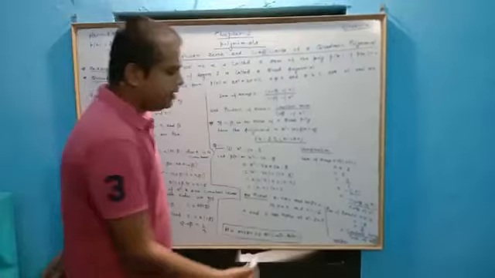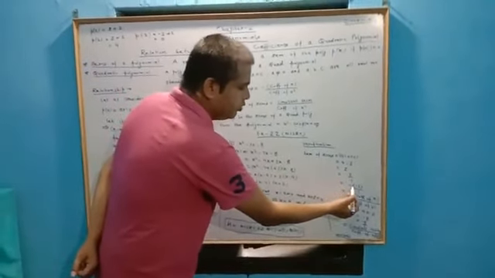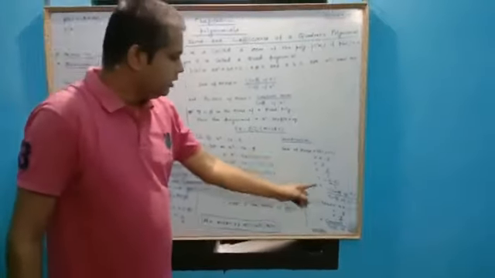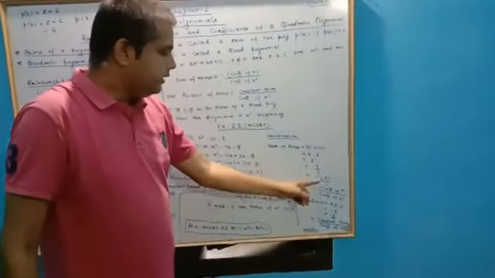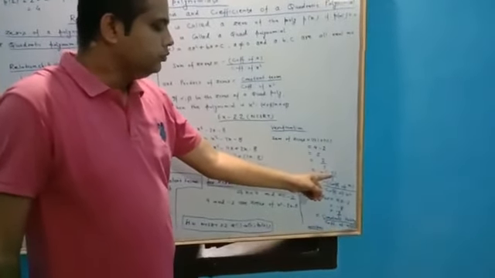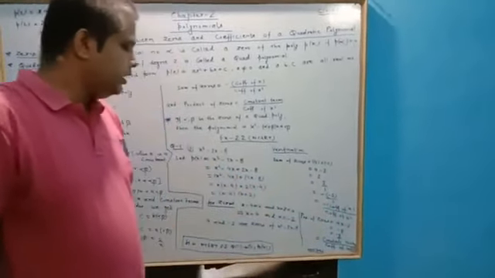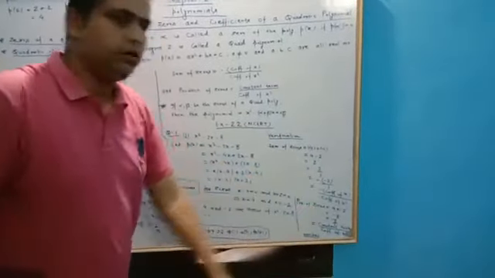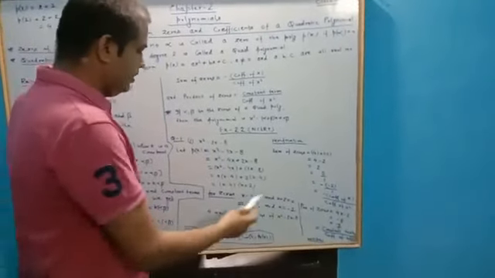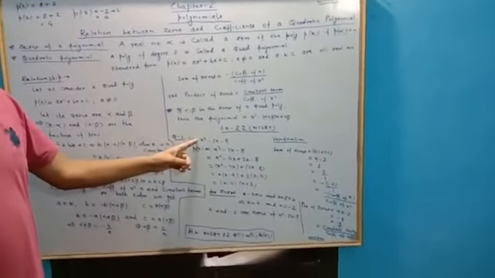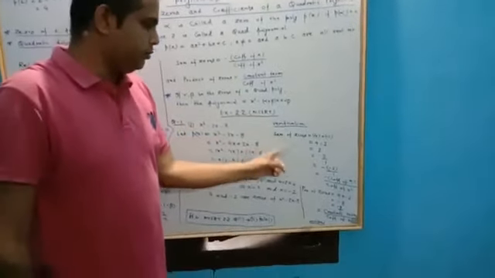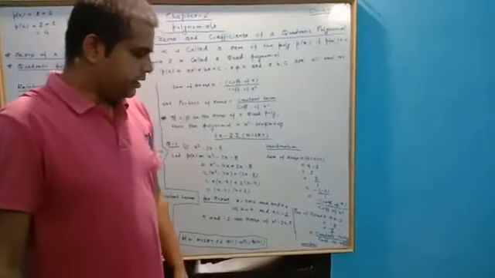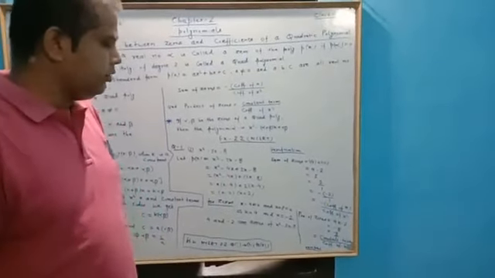So this 2 can be written as minus into minus 2 divided by 1. Here minus 2 is actually the coefficient of x, and 1 is the coefficient of x square. So we see that the sum of zeros is equal to minus coefficient of x divided by coefficient of x square.